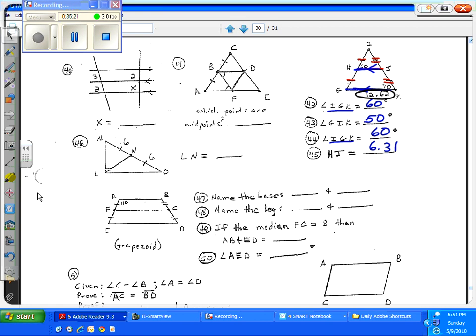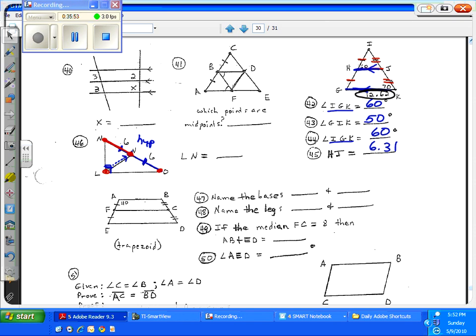Number 46 brings us to a theorem that says the midpoint of the hypotenuse of a right triangle, the hypotenuse is the side across from the right angle, is equidistant from the vertices of the triangle.